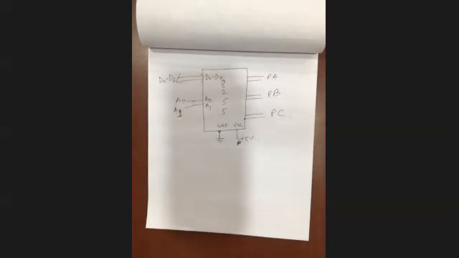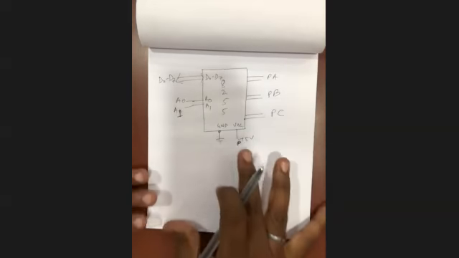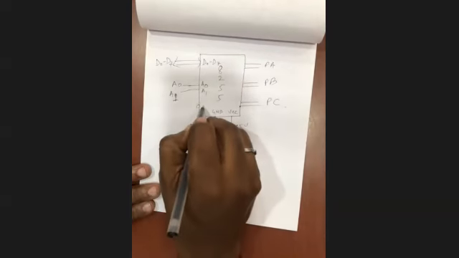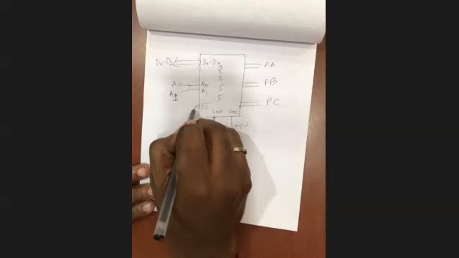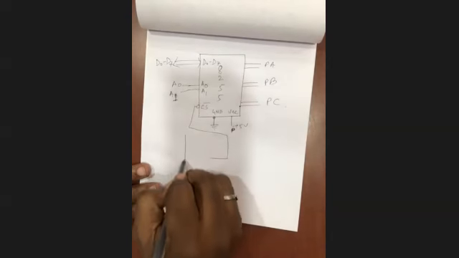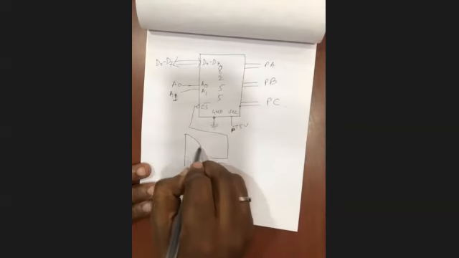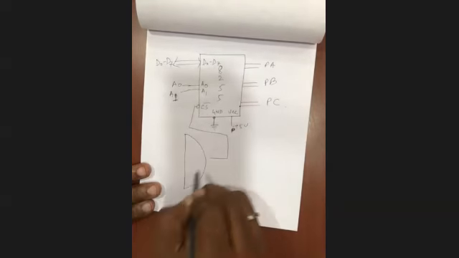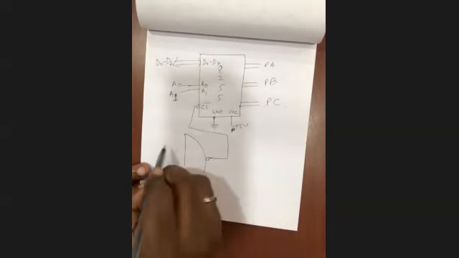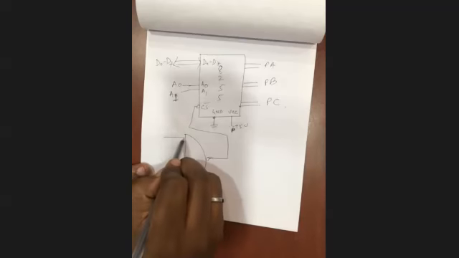Yes, sir. What will happen next? There is another pin, remember, the chip select pin. In this chip select, same as the NAND gate, same as the memory interfacing, how many address lines are left?